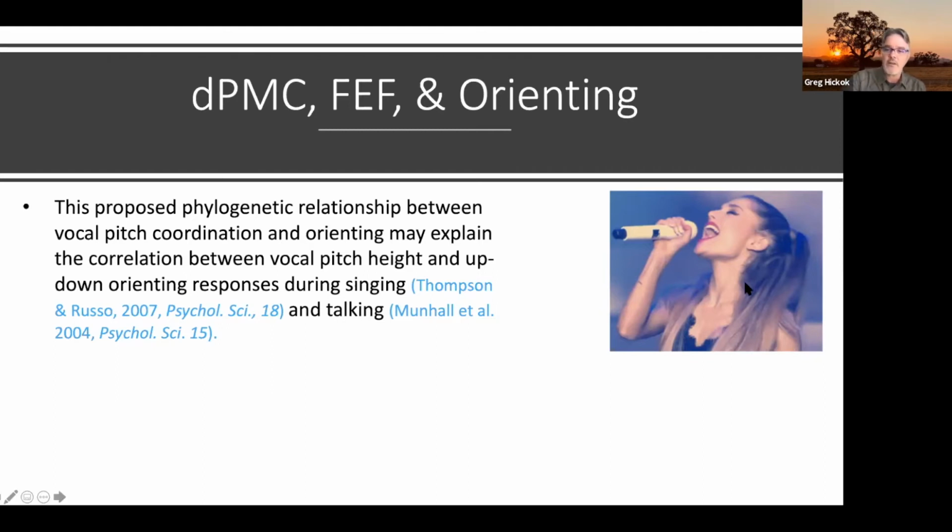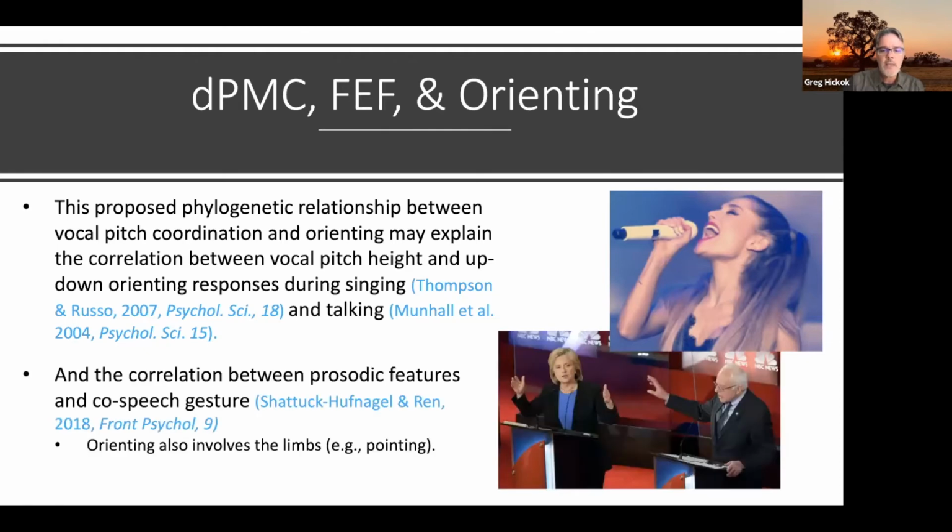Here's Ariana Grande, presumably not singing a low note. It may also explain the correlation between prosodic features and co-speech gesture, which are tightly interrelated. And the connection here is that orienting involves not only orienting with the eyes, it involves orienting with the limbs. So think pointing, for example.